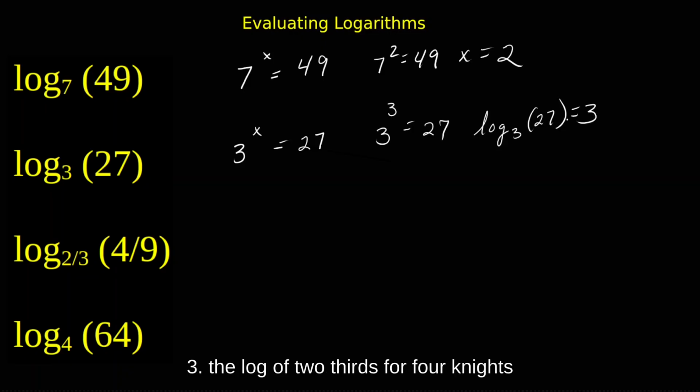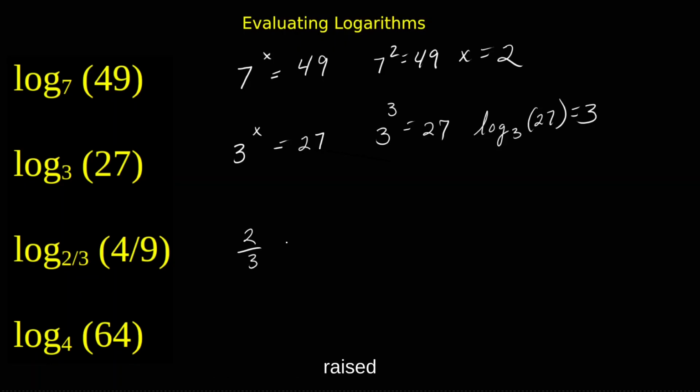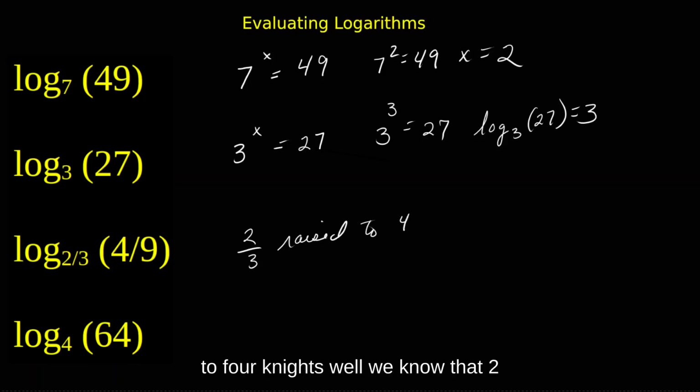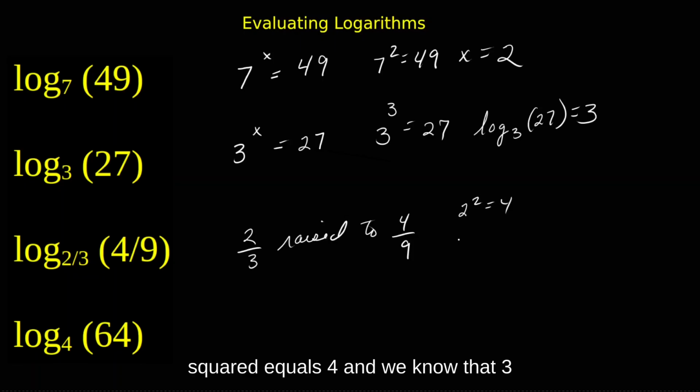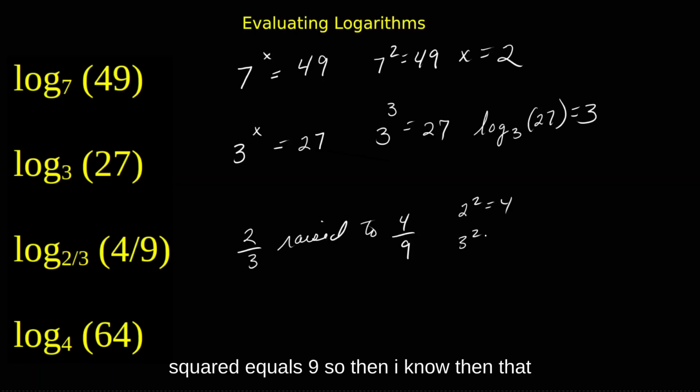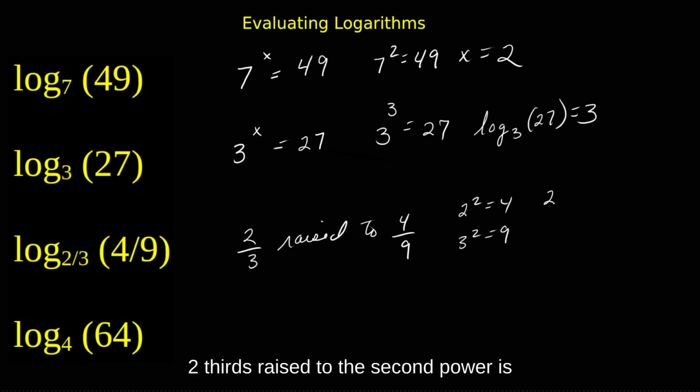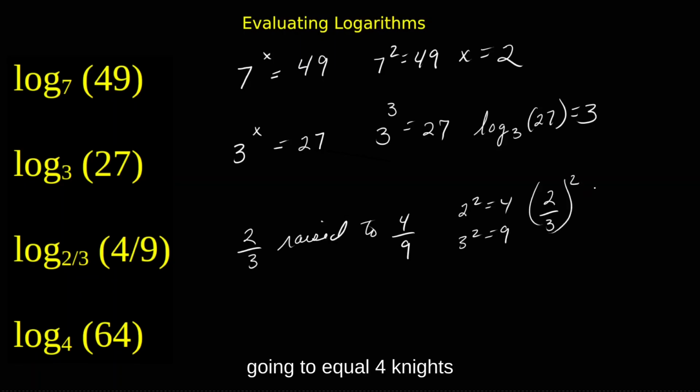The log base 2/3 of 4/9. So what exponent could 2/3 be raised to, to get 4/9? Well, we know that 2 squared equals 4. And we know that 3 squared equals 9. So then I know that 2/3 raised to the 2nd power is going to equal 4/9.